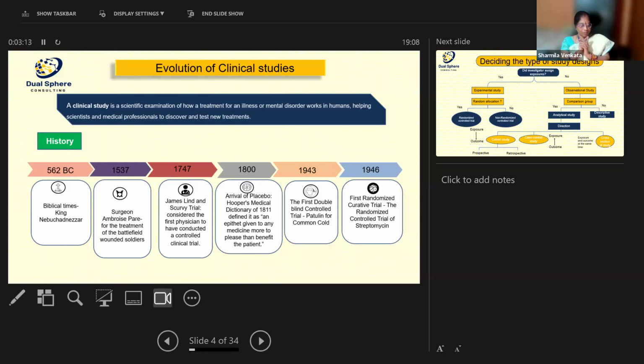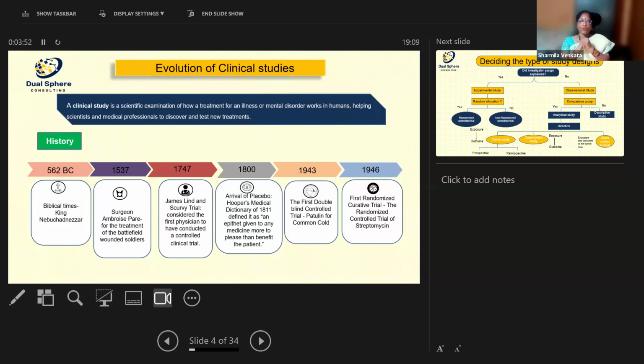In 562 BC, King Nebuchadnezzar observed how diet influenced health. He gave some soldiers vegetables, others meat and wine. That was crude, but it showed curiosity about comparing groups. And in 1537, Paré, a French battlefield surgeon, changed medicine forever.